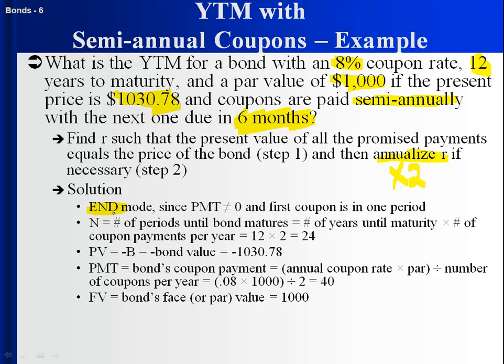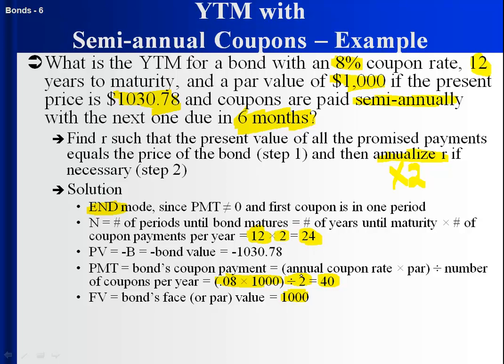So again, start with the easy ones. END mode, FV of 1,000. What is each payment? Well, 8% of 1,000 is 80 per year, but there's 2 per year, one every 6 months. So every 6 months, this bond has a $40 coupon. How many of them are there? Well, 12 years to maturity, 2 coupons per year, so it's 24.